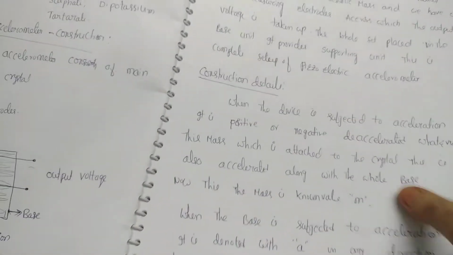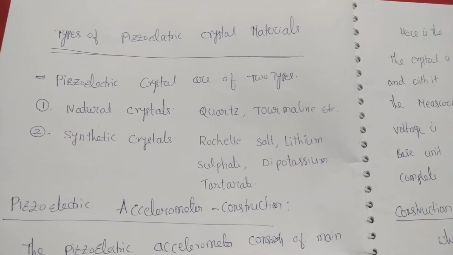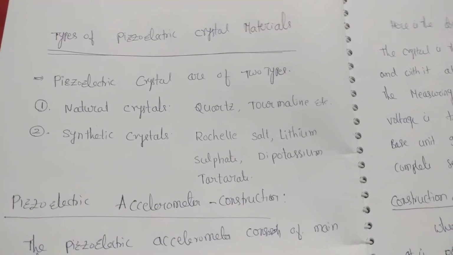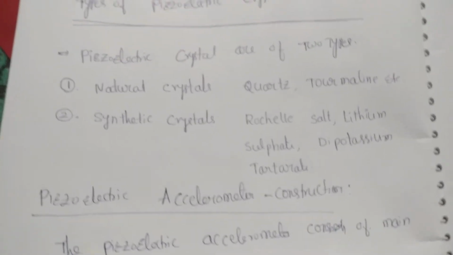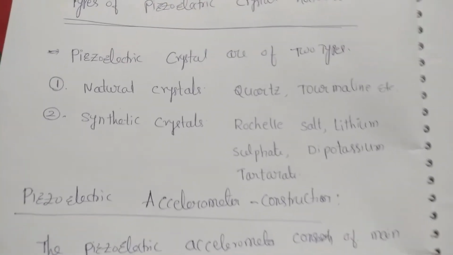Now let's see what types of piezoelectric crystal materials are normally used in designing piezoelectric accelerometers or transducers. The most commonly used piezoelectric crystals are of two types.